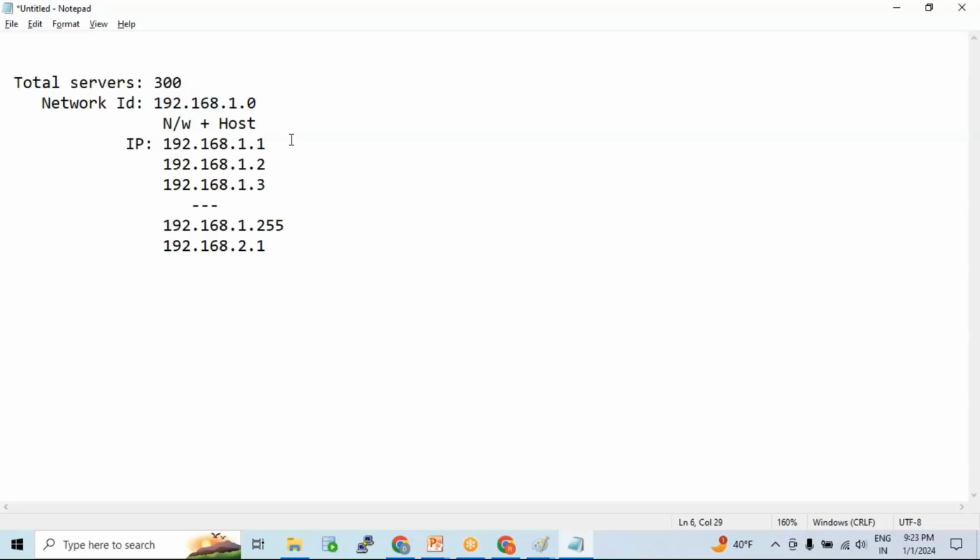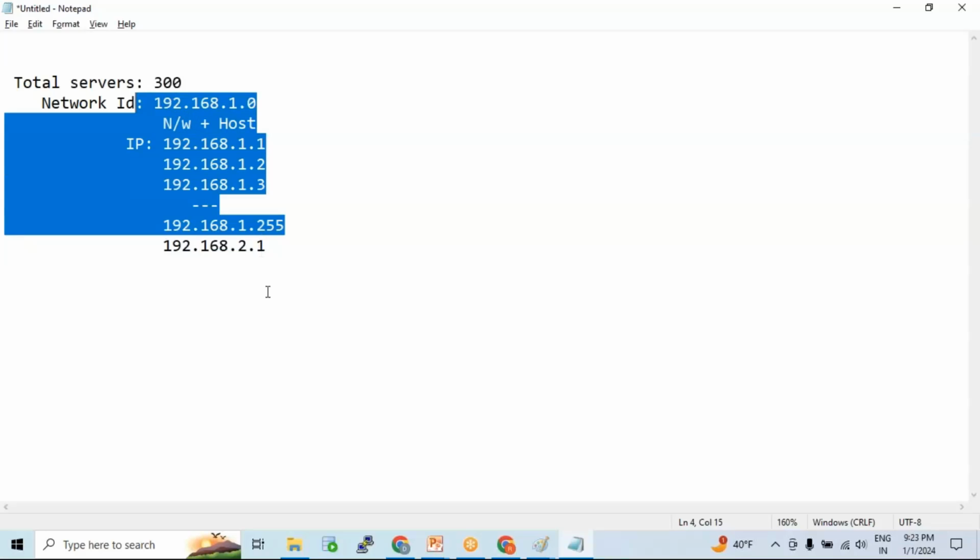If your requirement is to keep 300 IPs in a single network, the network ID I have taken here is not sufficient, because it helps me generate only 255 IPs based on the rules that I have. So if you give the 2.1 IP to a different server, this server cannot communicate with these servers, because it is treating the 2.1 IP as not in the same network, since it is always comparing with the network ID.